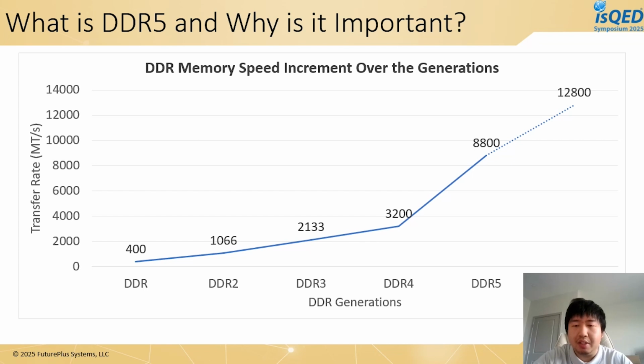And you can see for even future DDR5 MRDIMMs, the transfer rates are going to get significantly higher. So we had to come up with something special, some new technique to do what we used to do.